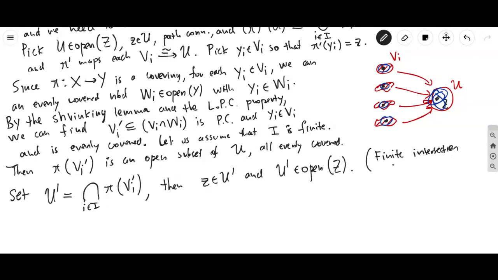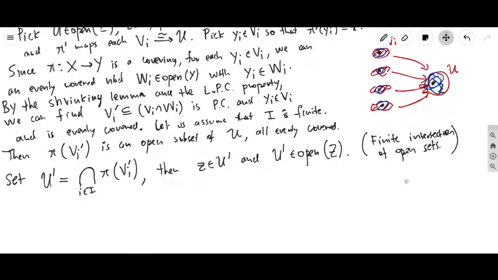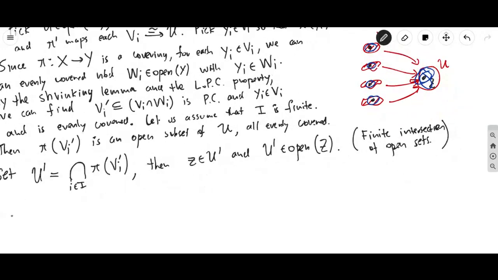So it's therefore going to be open itself. So then we claim that U prime is an evenly covered neighborhood for the composition map.